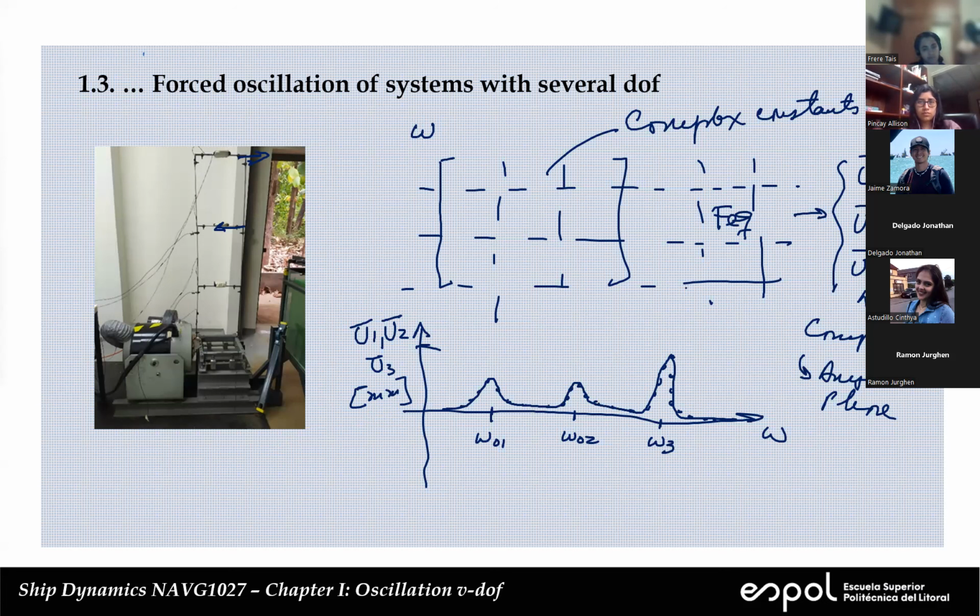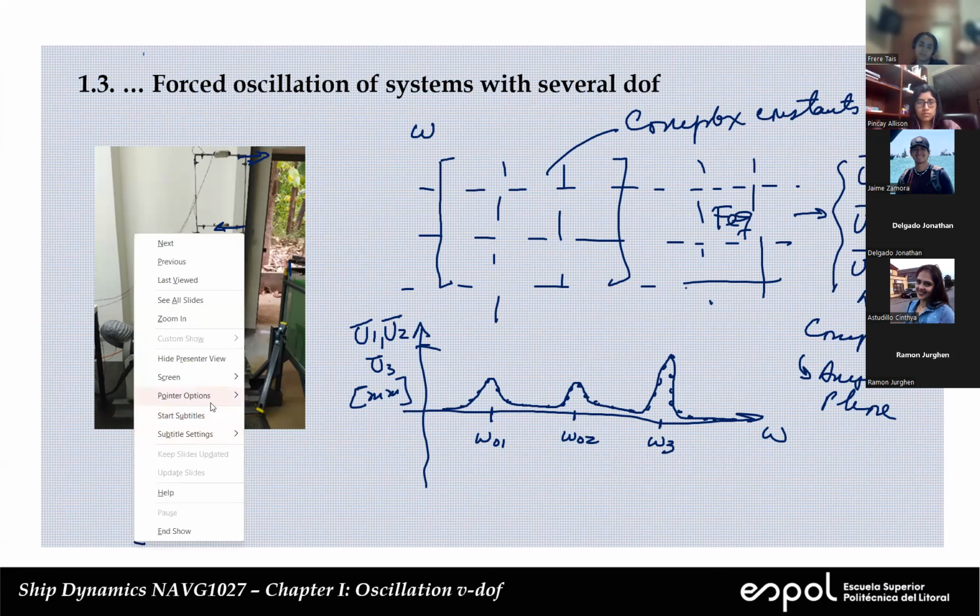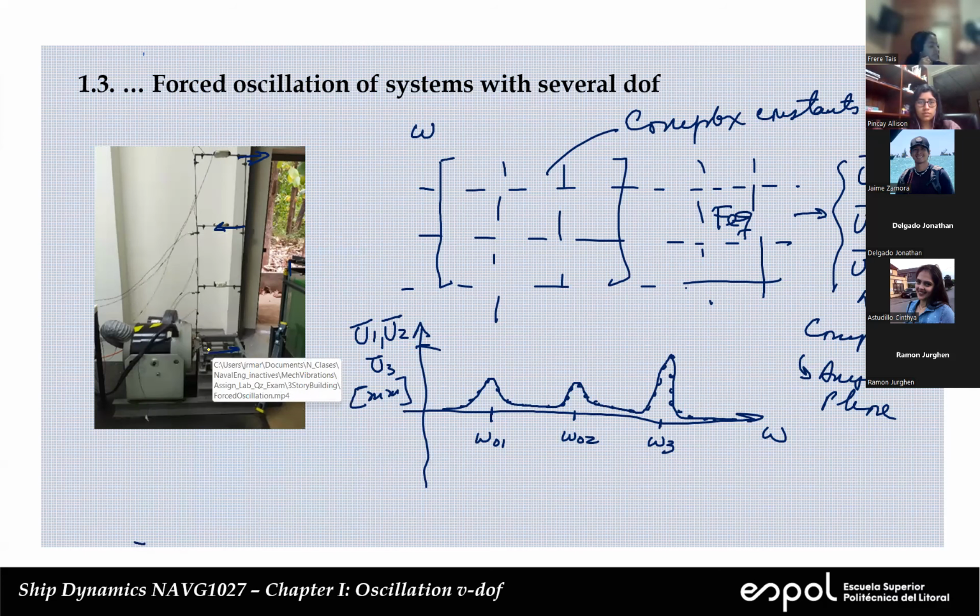You have 3 regions of resonance. The shaker moves this foundation, okay? And this moves in this direction. Let me change color so you can see. The shaker is moving this in this direction.